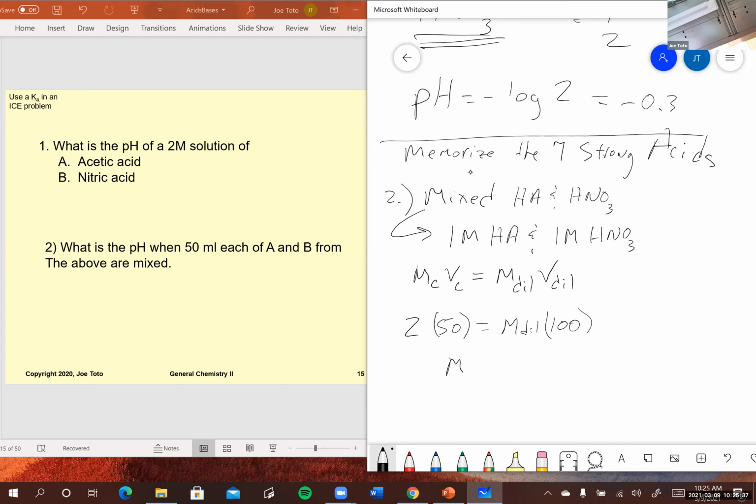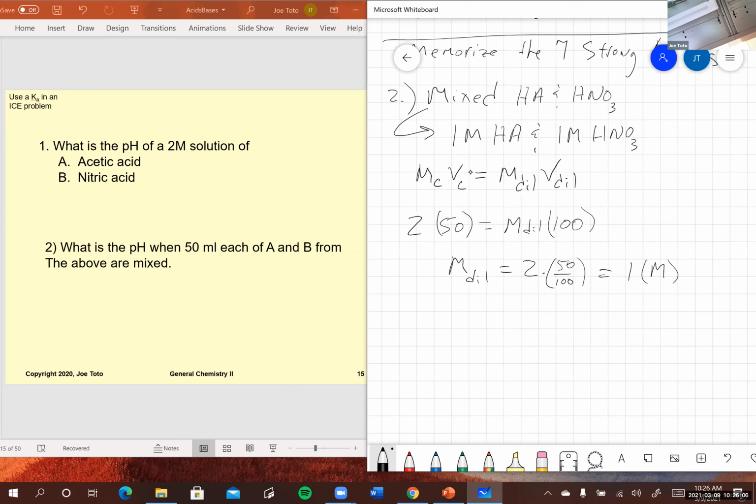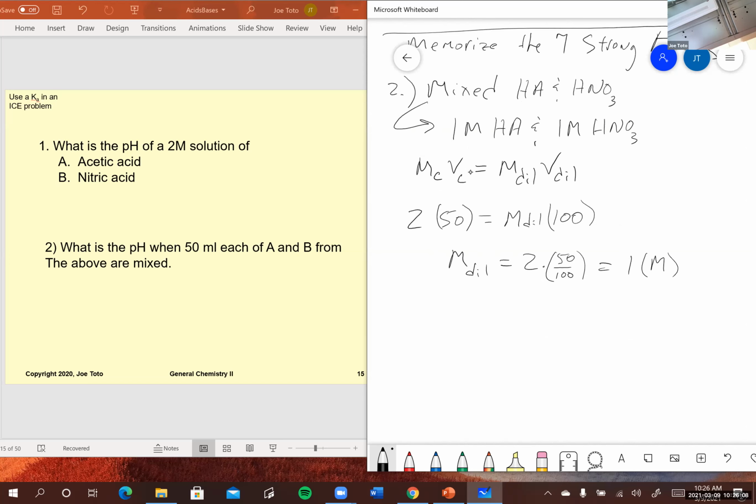So M dilute equals 2 times 50 over 100, or a half. Okay, thanks for asking. All right, so good. We have 1 molar solution of each. We just diluted them with each other.